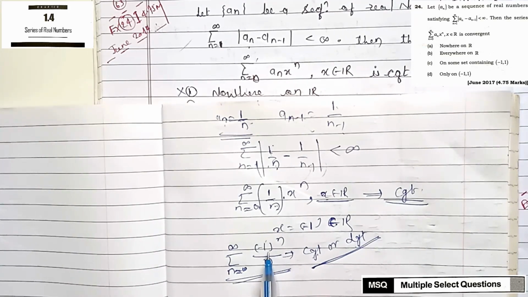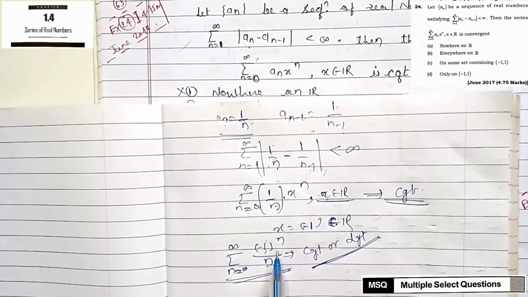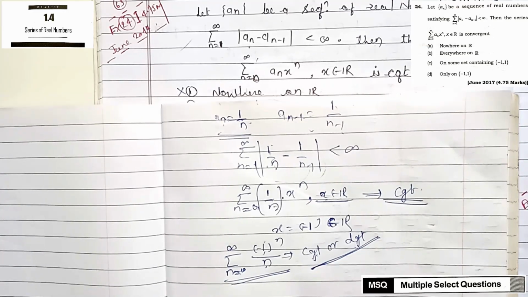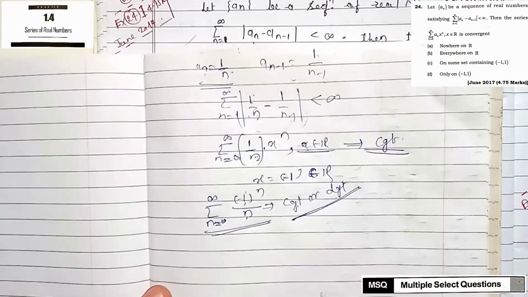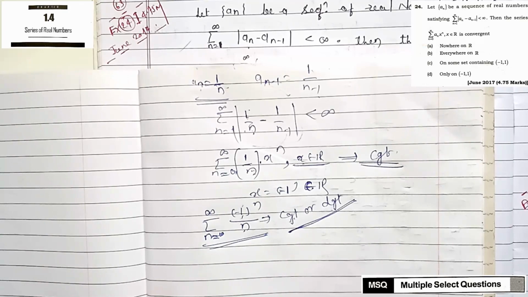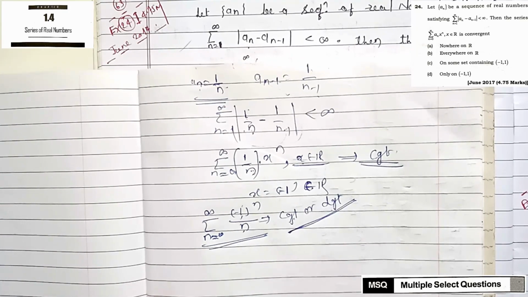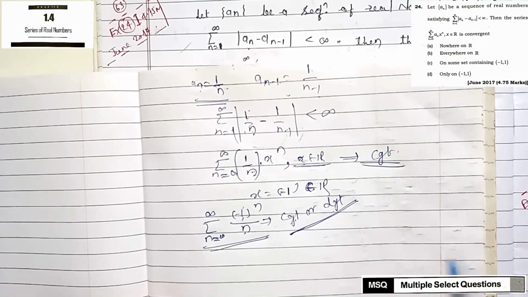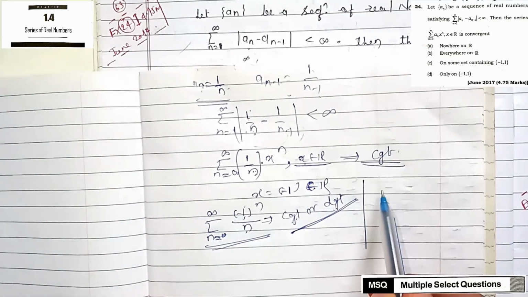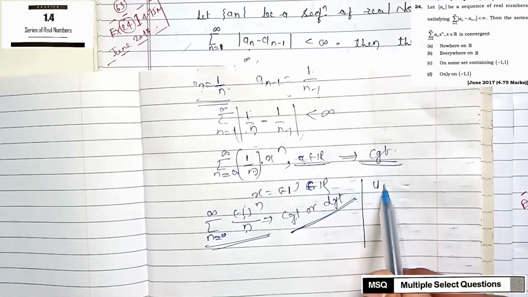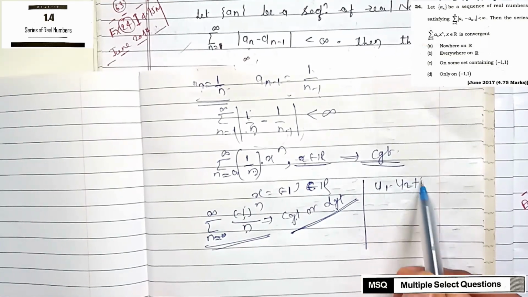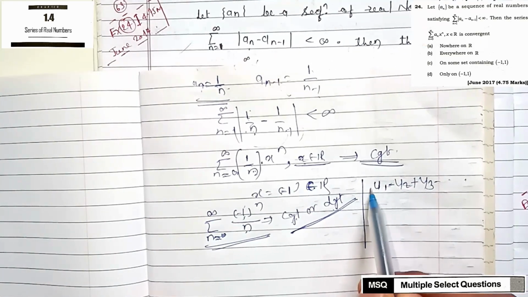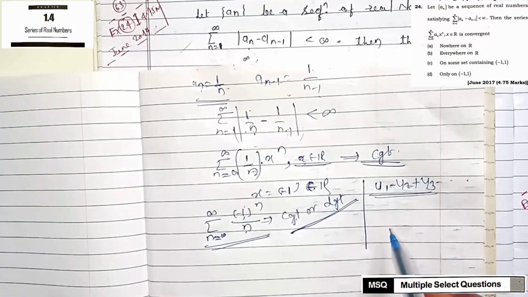It seems that this series is a special type of series, an alternating series. When we have an alternating series in real analysis, we apply the Leibniz test for convergence of alternating series. It says that when we have a series like u1 minus u2 plus u3 minus, and so on, that means plus minus plus minus, this is an alternating series.